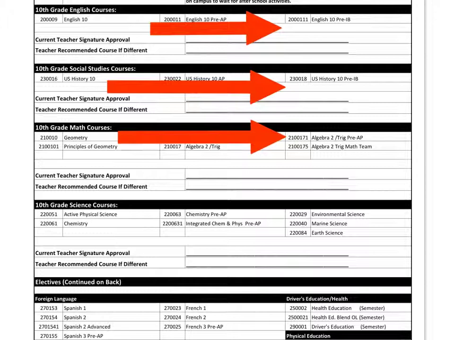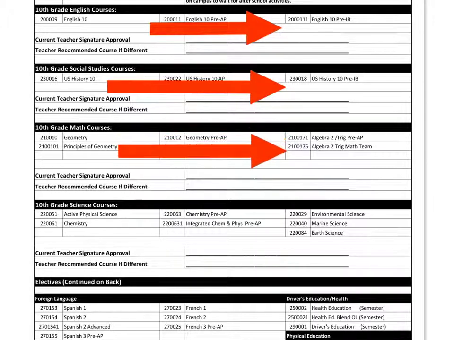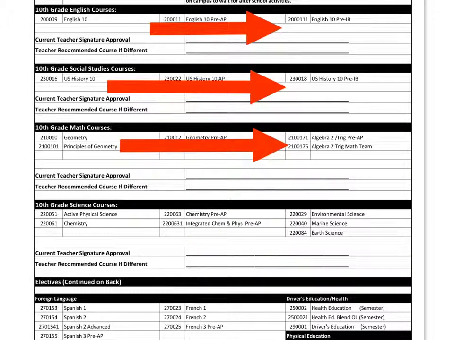If you participated in the math team this year, I would encourage you to continue with the math team option of Algebra 2 Trig with the math team. So those are two really good options, and you'll need to decide if you're wanting to step up to team or continue with team. Certainly if you go into Algebra 2 Trig pre-AP, you're still a little more than a year ahead of most folks headed for graduation from high school.